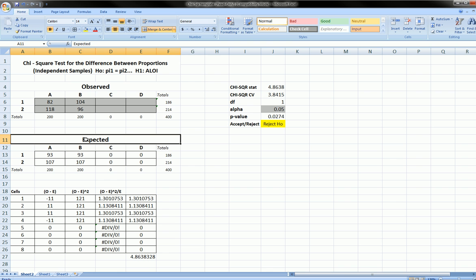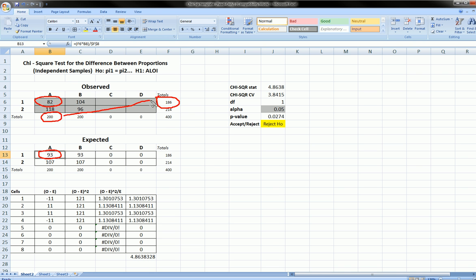Now here we create an expected table, and the way you create an expected table is you take, for each respective cell, its row total multiplied by its column total, and then divide that by the grand total.